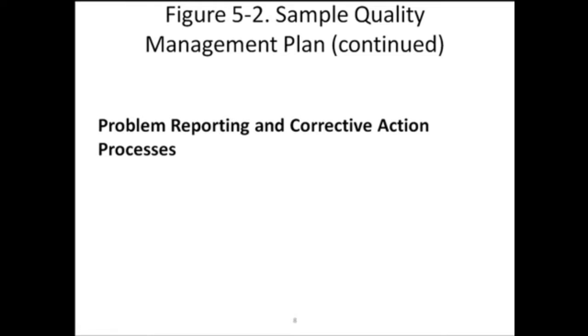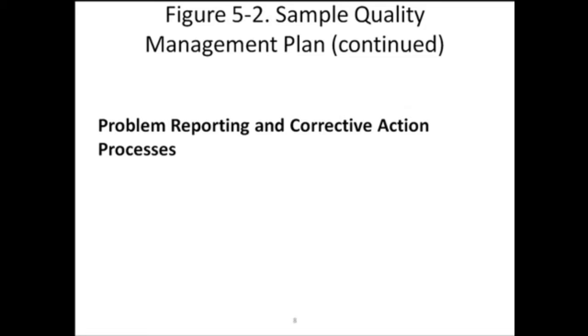In your quality management plan, you should also list any problem reporting and corrective action processes. Project plans will include clear roles and responsibilities for all stakeholders. The person responsible for an individual task should report problems to appropriate managers and work with them to determine and implement corrective actions.